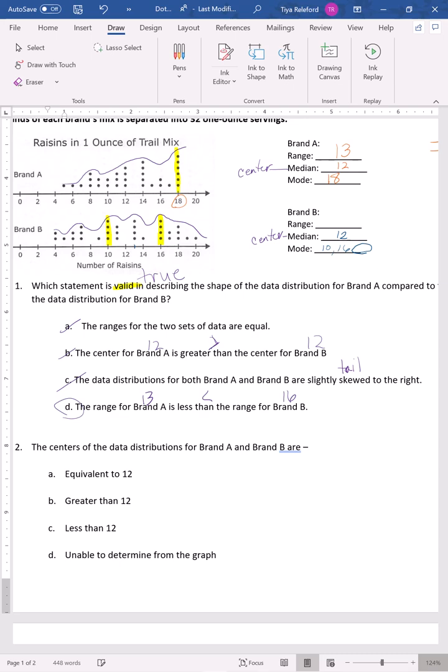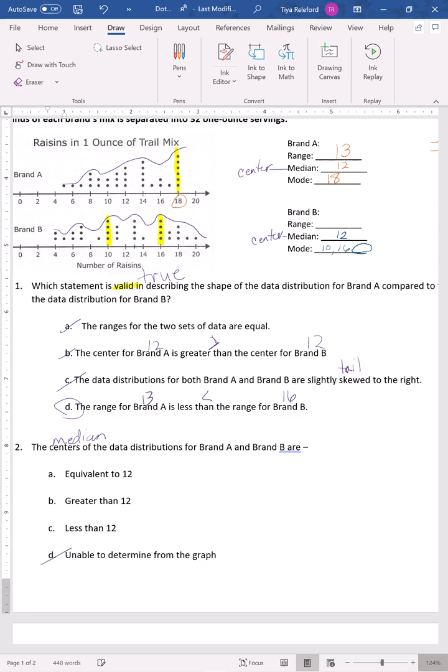So now number 2 says the centers, remember centers and median are the same, the middle. The centers of the data distributions for brand A and brand B are equivalent to 12, greater than 12, less than 12, or unable to determine from the graph.